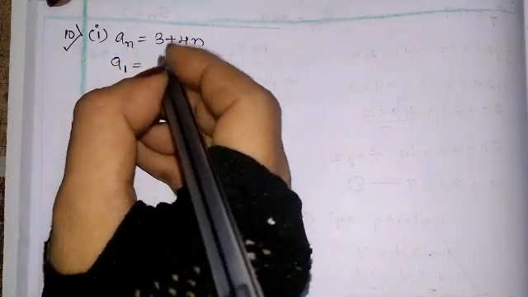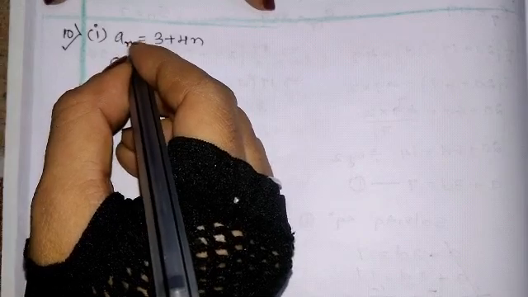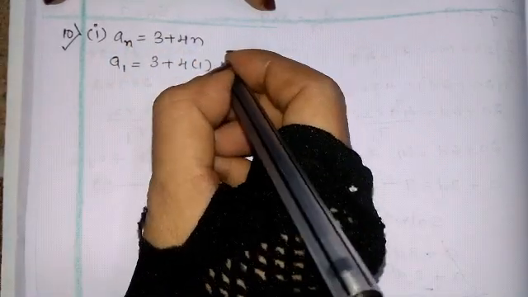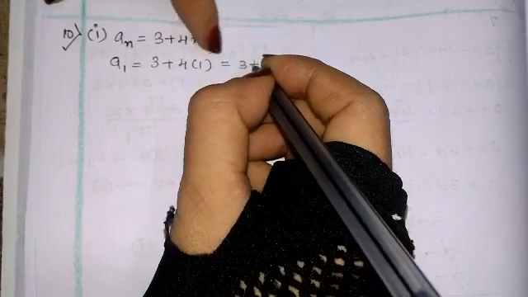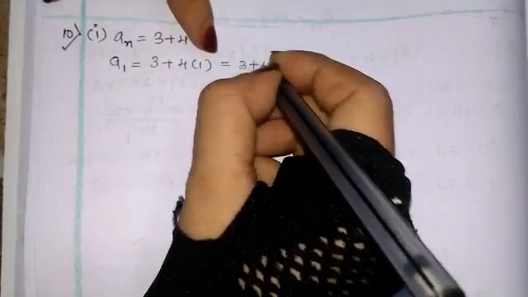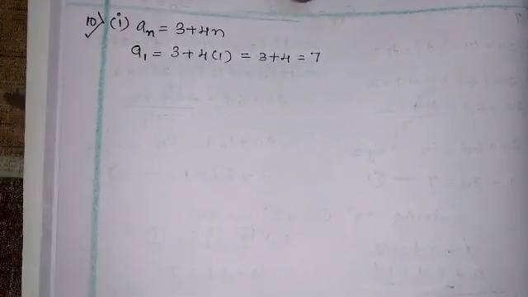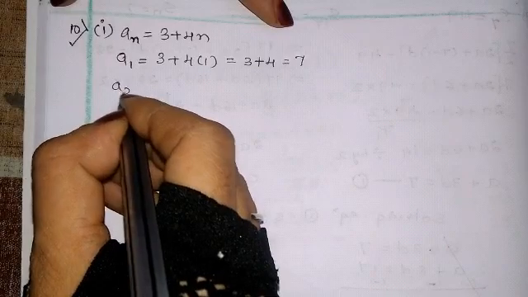A1: in place of n I have substituted 1. 3 plus 4 into 1. What did we get? 3 plus 4 ones are 4. 3 plus 4, 7. A1 we got 7. Okay. Now let us go for A2.